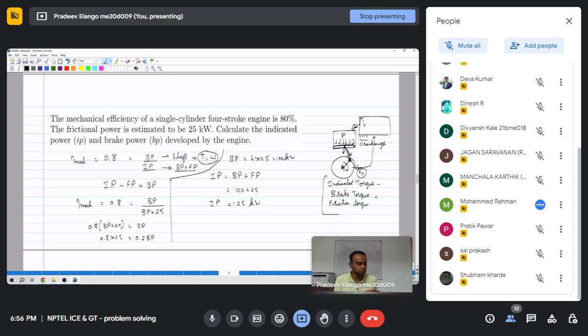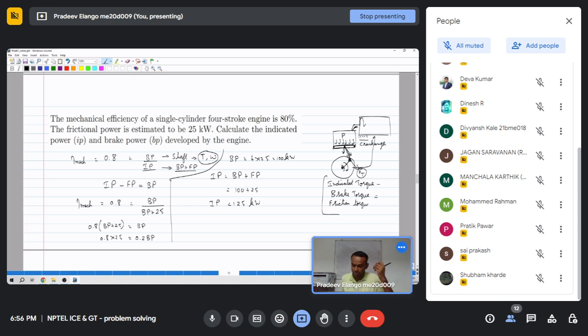Okay, sir. So ideally, if we have a system where there is no friction, where we have made these surfaces such that the friction is very negligible, then brake torque will be equivalent to indicator torque. But in the real case, it will not be. We cannot make a frictionless surface. So we want to know how much we are losing in friction. That is why we have a term called mechanical efficiency.